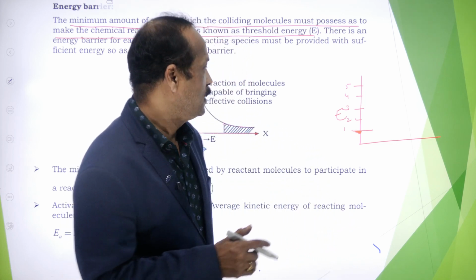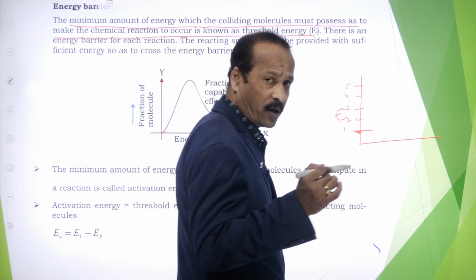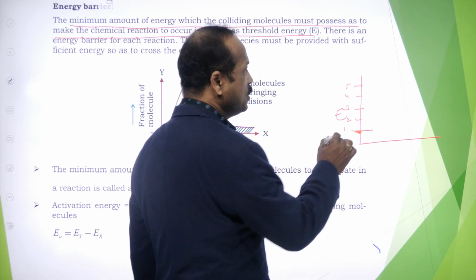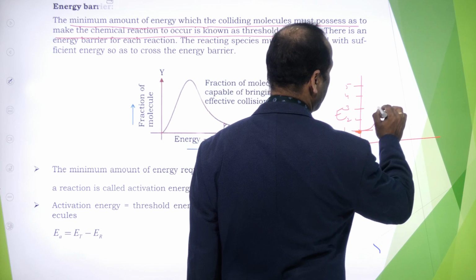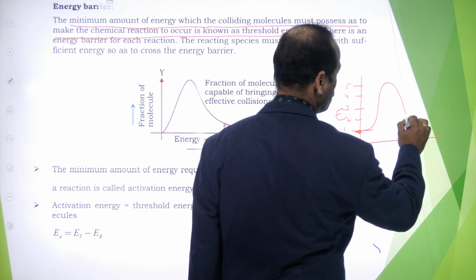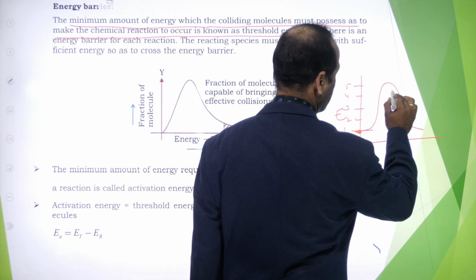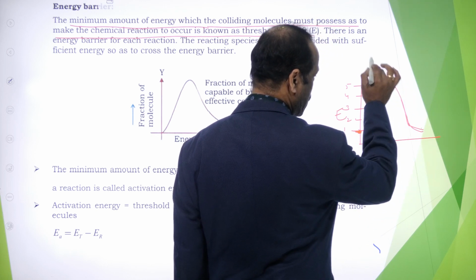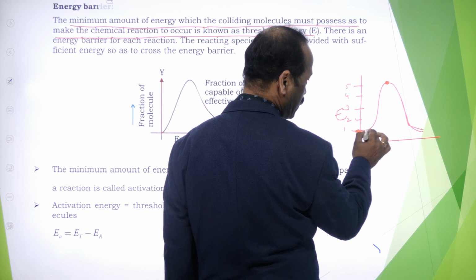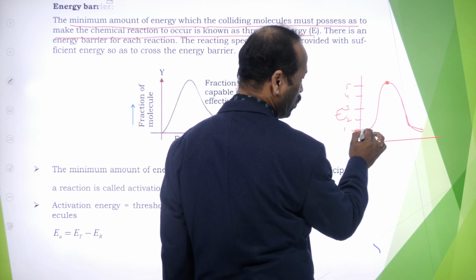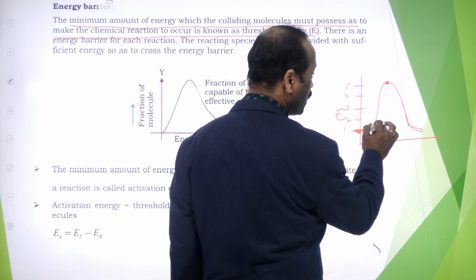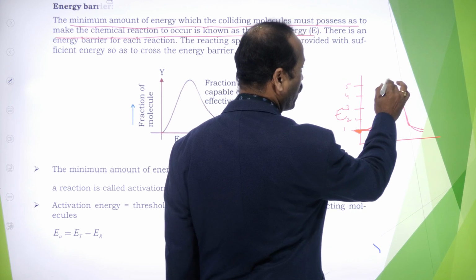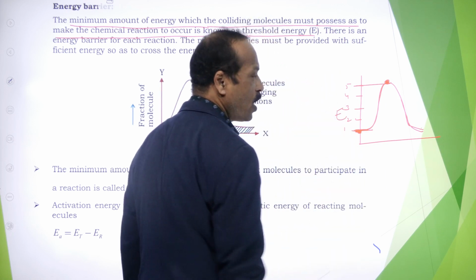So to make the effective collision, it requires a certain amount of energy like this. The energy present in the reactant molecule is this much, but to make the effective collision, this amount of energy is required.